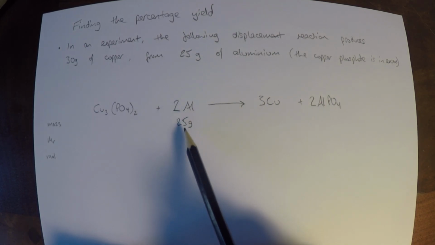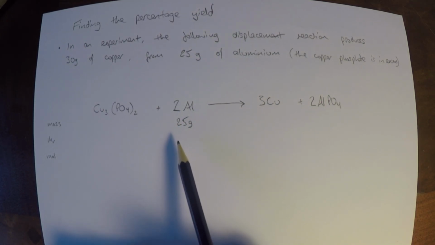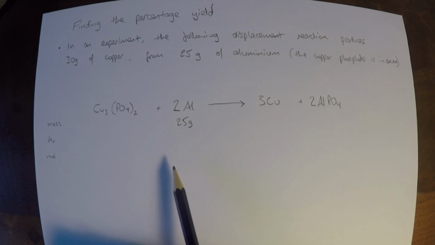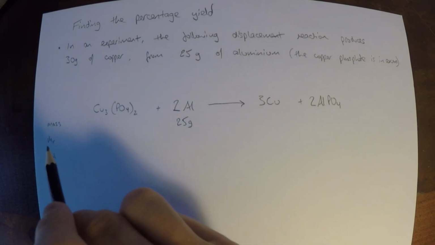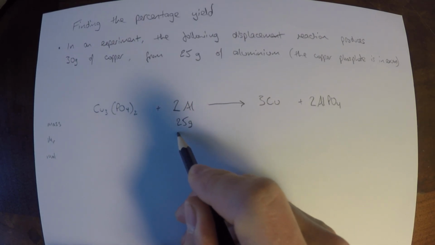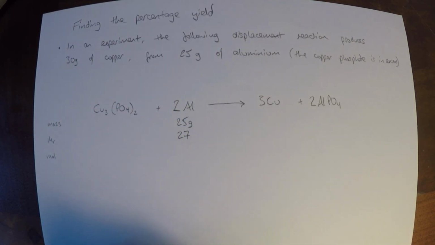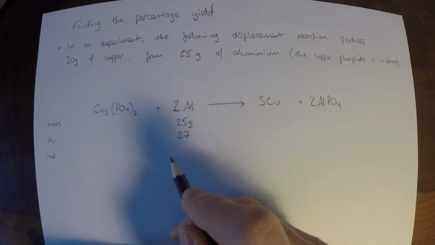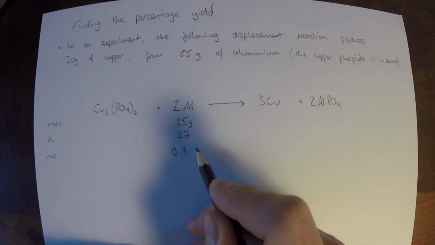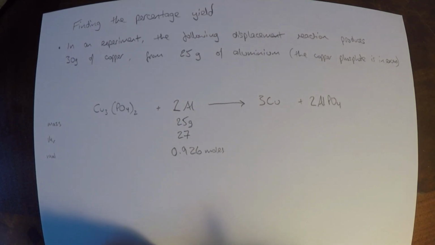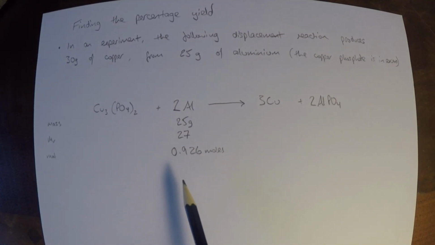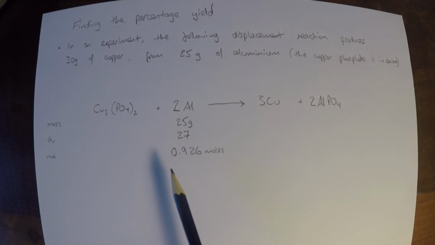So from our 25 grams of aluminium, we can work out how many moles of aluminium that equates to. So 25 grams of aluminium divided by the atomic mass of aluminium, which is 27, which we can find in the periodic table, gives us 0.926 moles of aluminium.